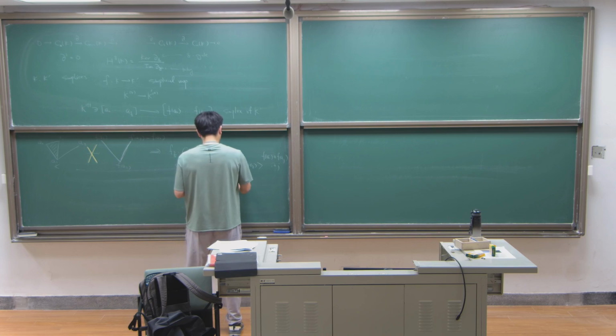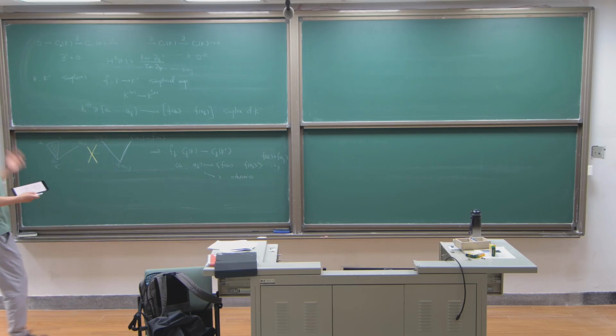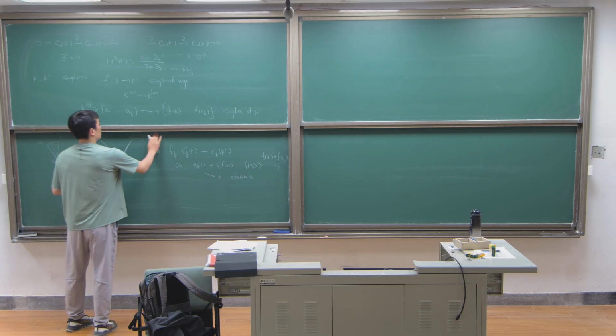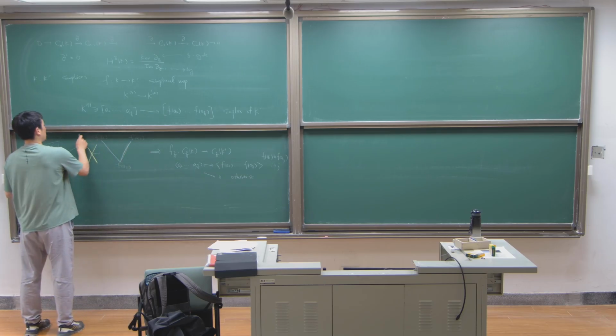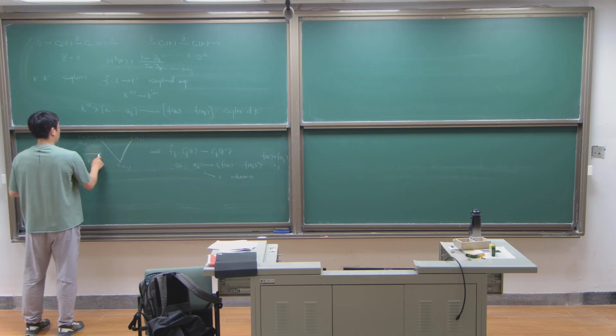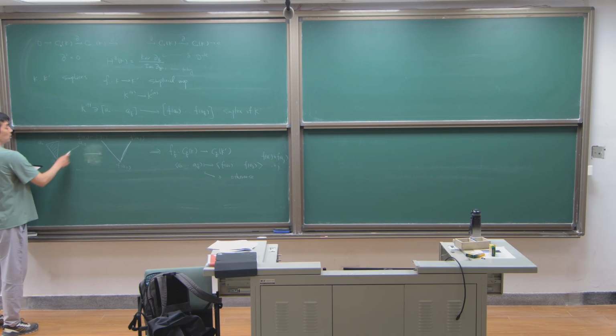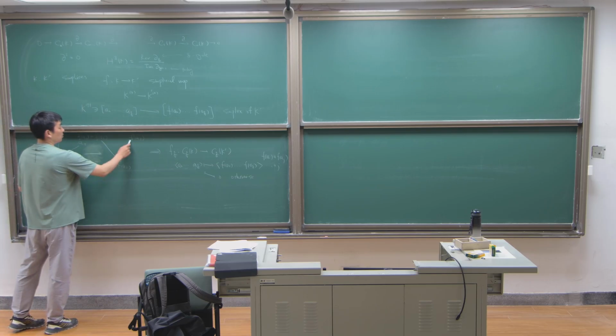Now, for instance, A2 and A3 are mapped to FA2, FA3.